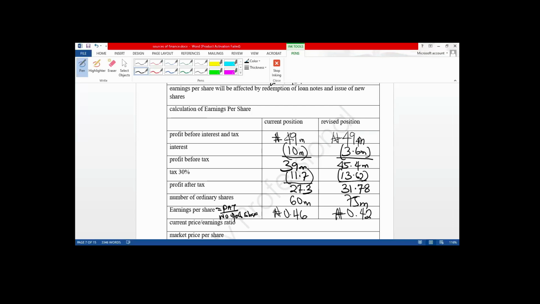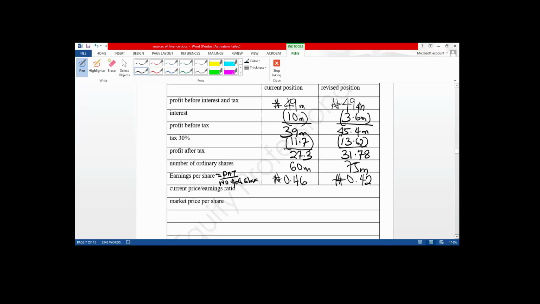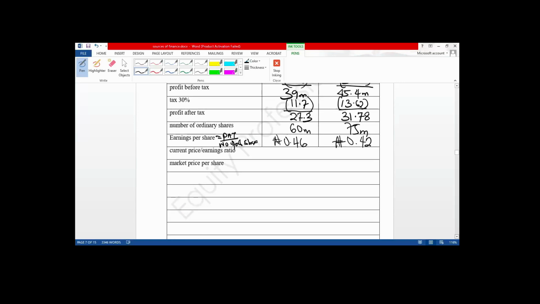That will be a concern to the shareholder. Examiners say the price earning ratio will remain unchanged.